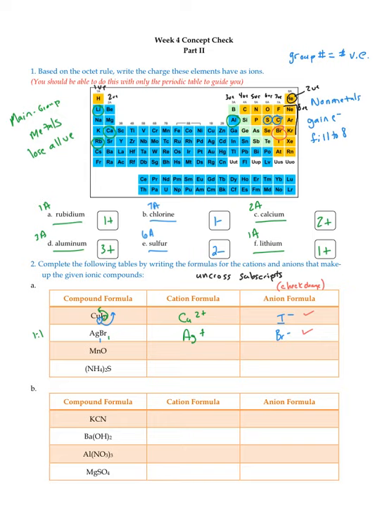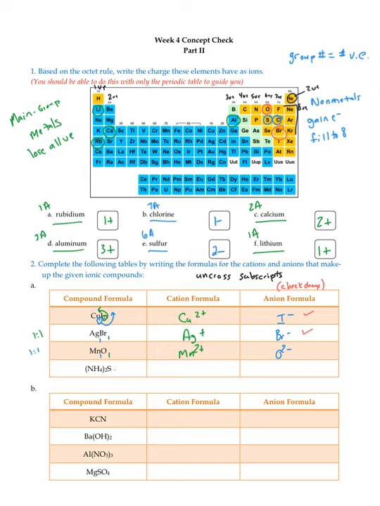But if we look at my next example, which again has understood 1s, so again is a 1-to-1 ratio, if I were to uncross, I would get Mn plus and O minus. But oxygen is up here in group 6. So I know oxygen is always 2 minus. And so here my manganese must be 2 plus to balance it out. So you want to be on the lookout for those 1-to-1 ratios and make sure that your charges are equal and opposite in terms of their magnitude.